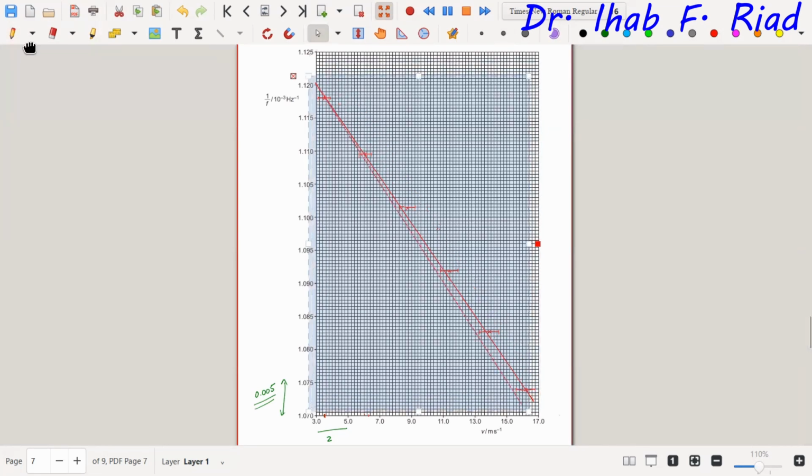How do we decide for the worst fit? From the end of the uncertainty line to the beginning of the last uncertainty line.